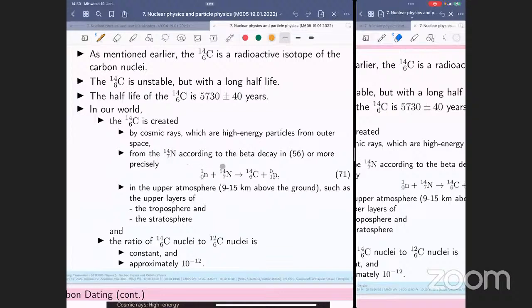In the atmosphere, we have nitrogen-14, which is the remaining thing after carbon-14 is converted.